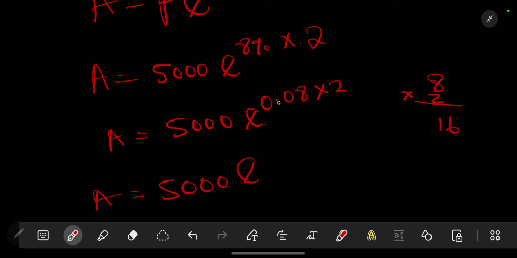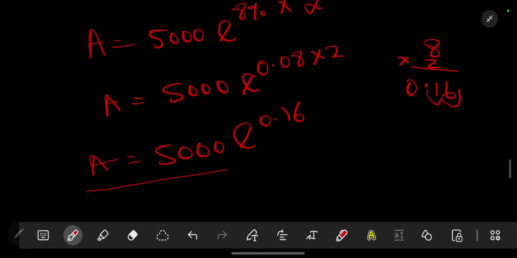Now look at the number of zeros that you ignored. You ignored 1, and with the 8 itself, you have to move back 2 places. So we are going to have 0.16. This is the answer for that one.